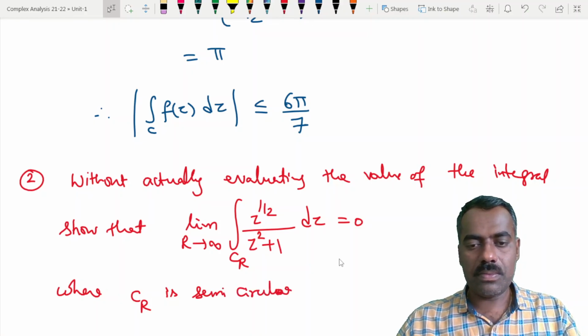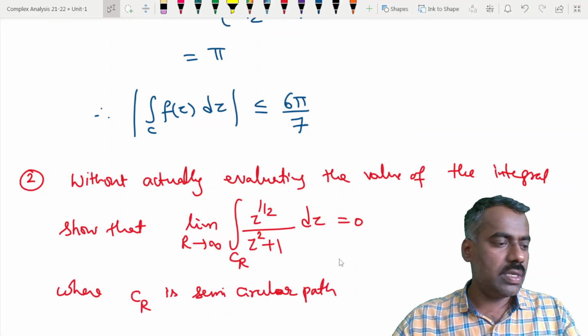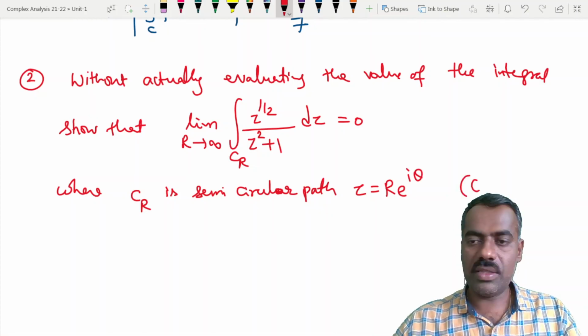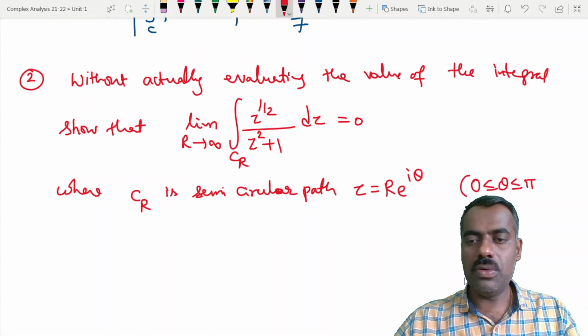That is z equals R e power i theta, where theta is from 0 to pi.